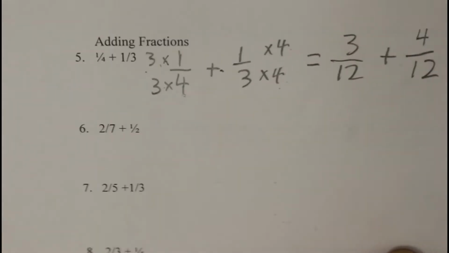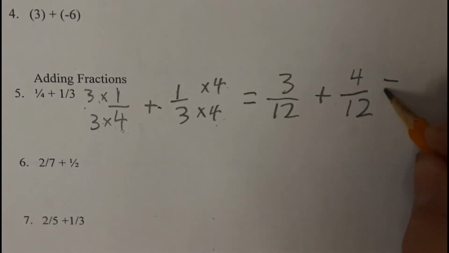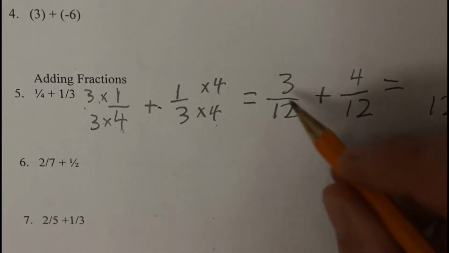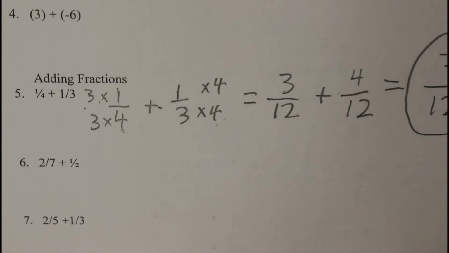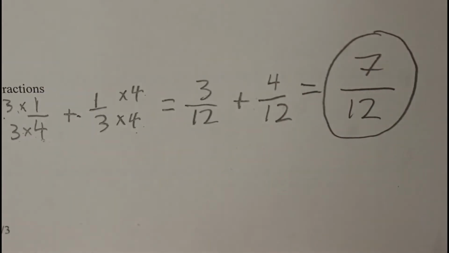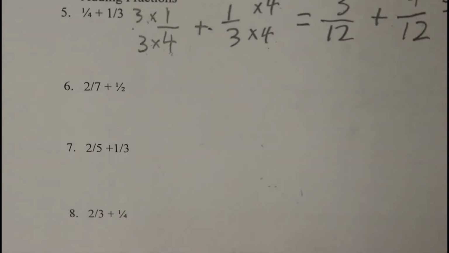And now when you're adding, you just add the top numbers. The bottom numbers stay exactly the same. So we get 12. 3 plus 4 is 7. There is your answer, 7 over 12. Let's do one more of these and then I'm going to set y'all free on that.